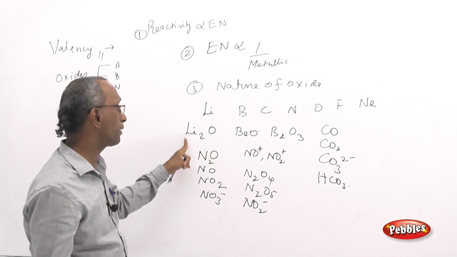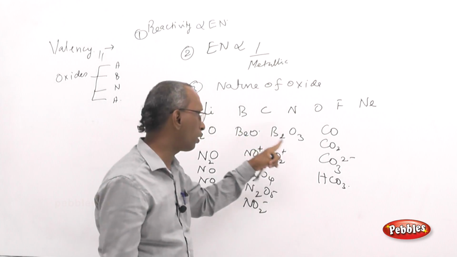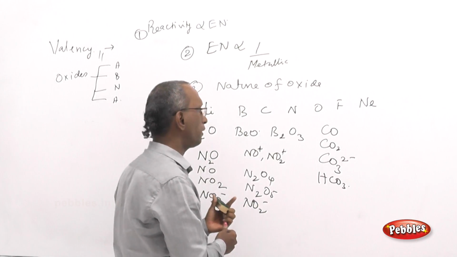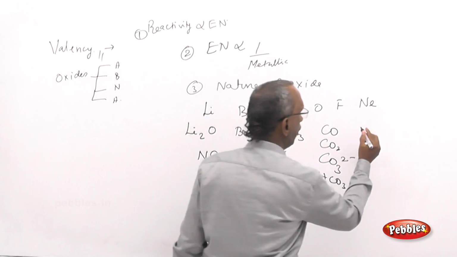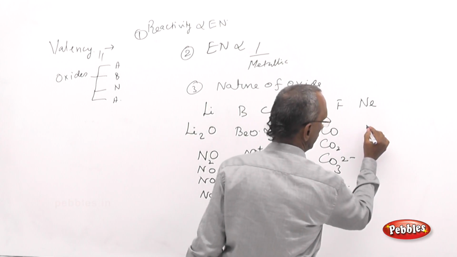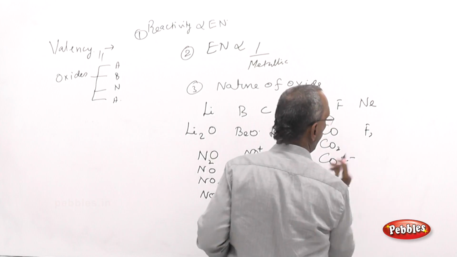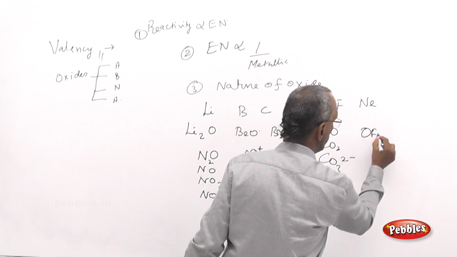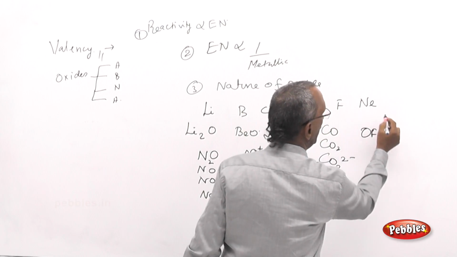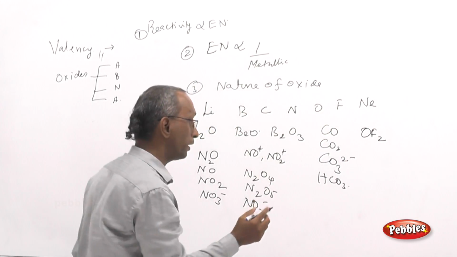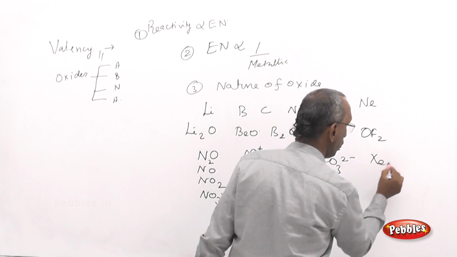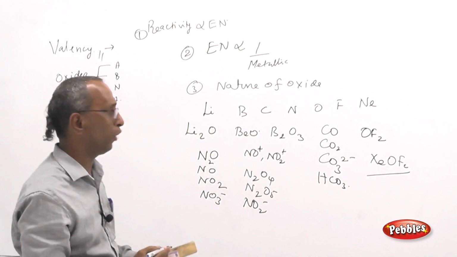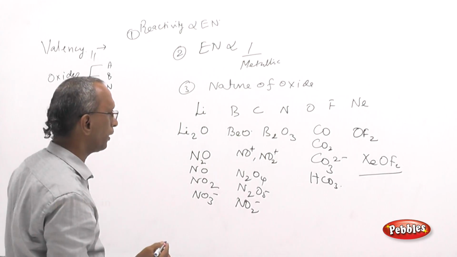So, lithium oxide, beryllium oxide, boron oxide, a variety of nitrogen oxides and carbon oxides; fluorine oxide is limited. OF2 it is called, only one compound. And neon forms no oxide, but xenon forms XeOF2, not an oxide but an oxyfluoride.